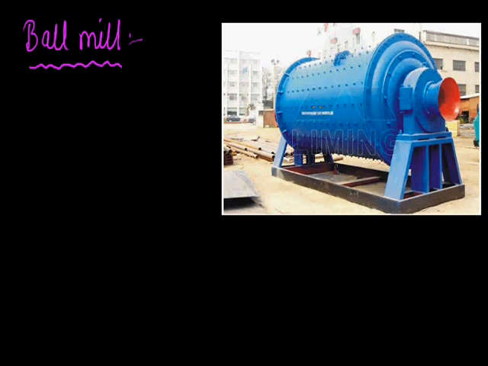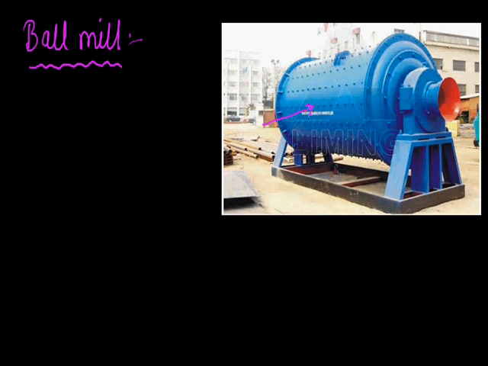In this mill we introduce some balls and ore particles into this cylindrical space, and we rotate this cylinder at high RPM, and we observe that the balls will strike or collide with the particles of ore, and the particles of ore become very small in size.